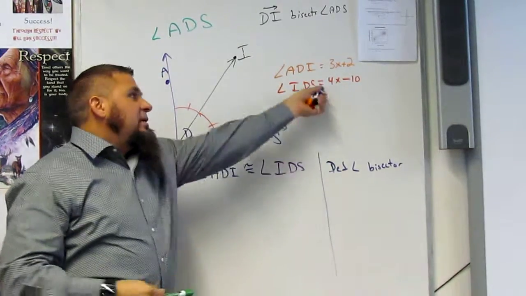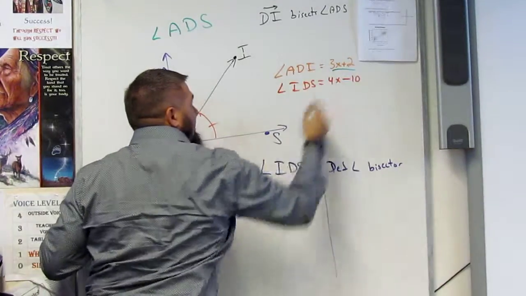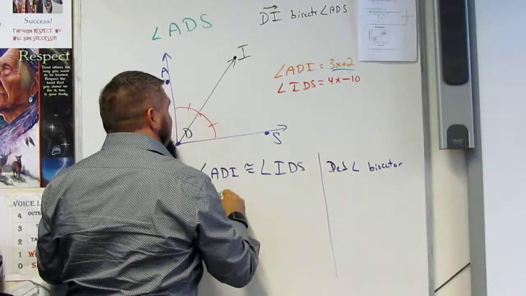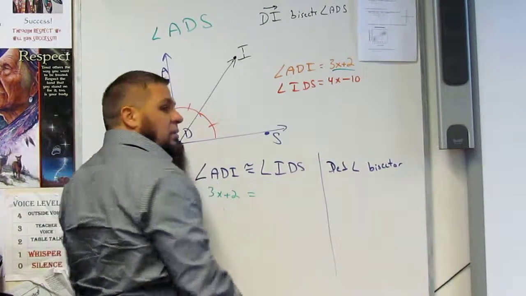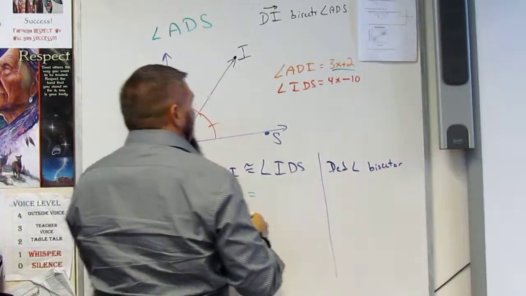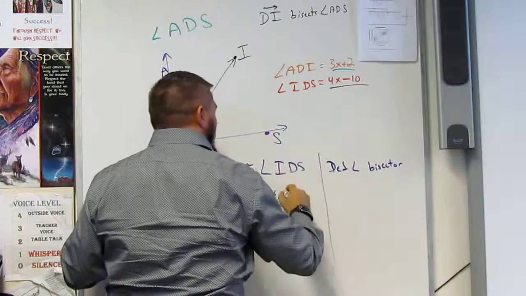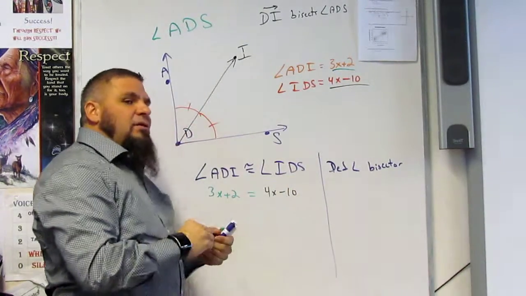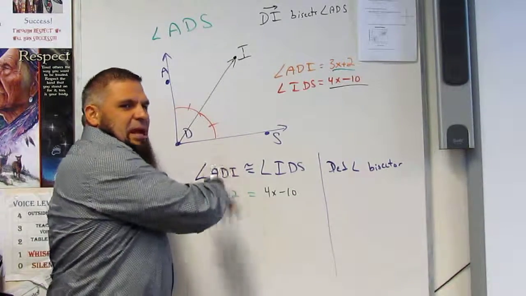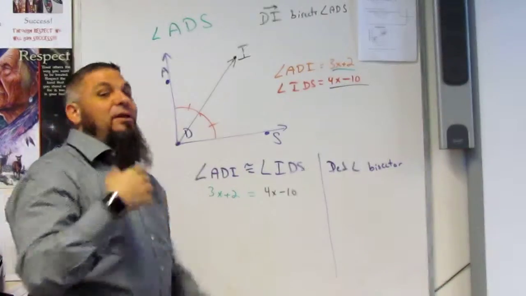Now, I can plug in, right? ADI, well that's 3x plus 2. And IDS, well that's 4x minus 10. Now later on in chapter 3, we're going to have to do a step here. Say that this is the same as the measure and all that stuff.